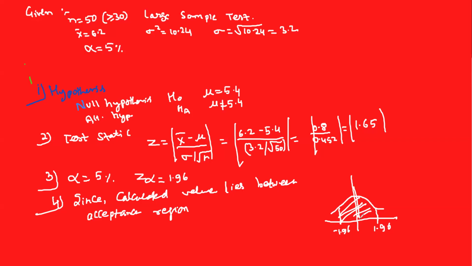Positive value means you are considering from 0 to this part, right? If its value is less than 1.96, then you can say it is accepted. If it is greater than 1.96, then it is rejected. So the null hypothesis is accepted. It means that you can say its population mean can be 5.4.